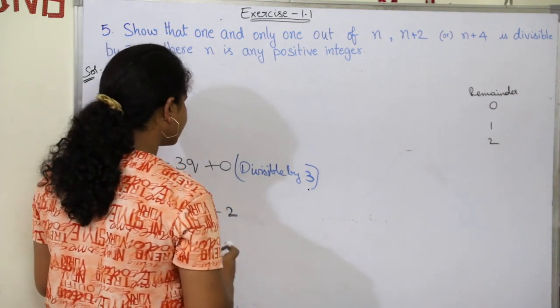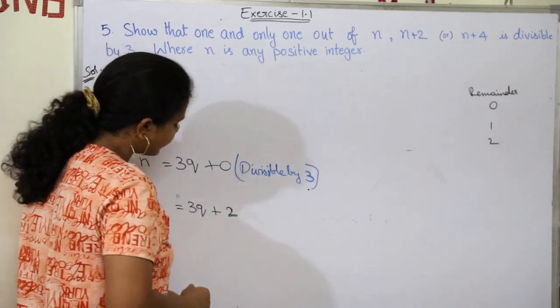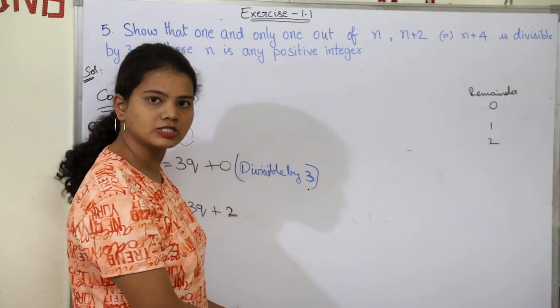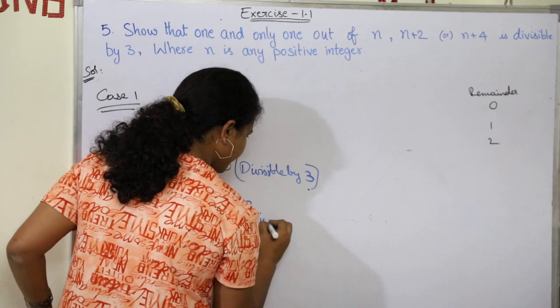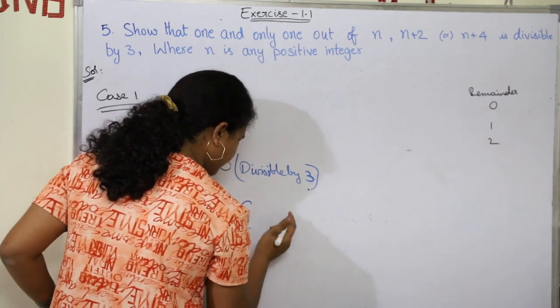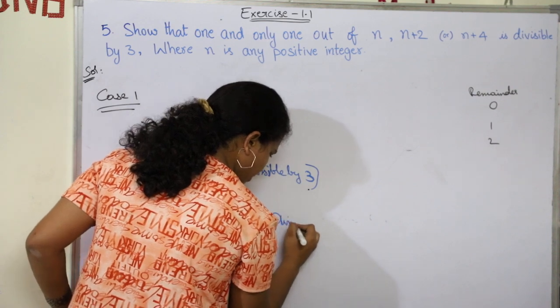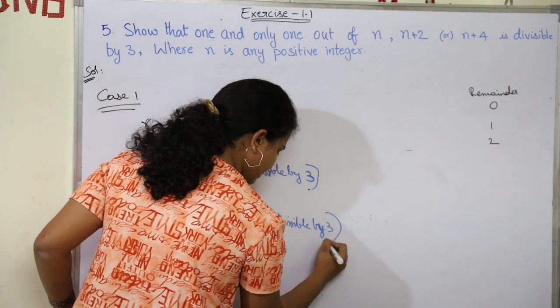Therefore this is not divisible by 3, because if the remainder is 0 then it is divisible by 3, but here the remainder is 2. So n plus 2 is not divisible by 3.